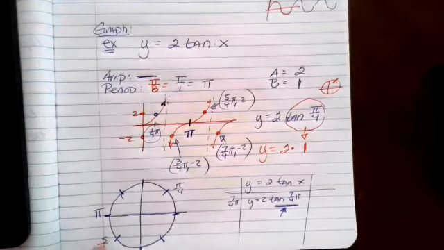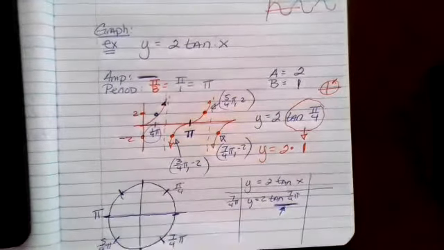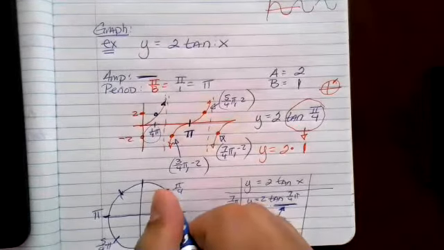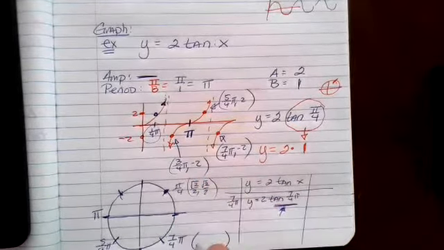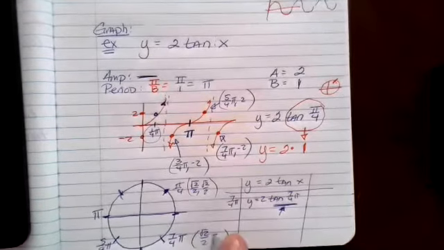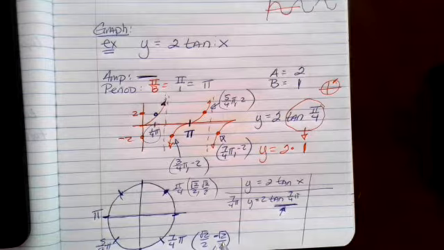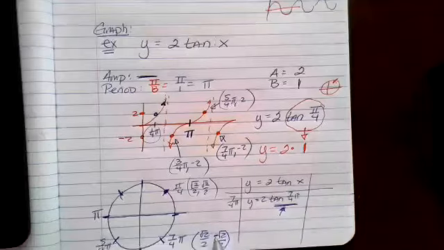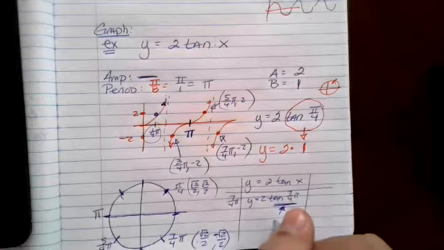This is 5/4 pi, 6/4 pi. This is 7/4 pi. And what would the coordinates be of 7/4 pi? Well, it would be the same as these, right? This is rad 2 over 2. Reflected down here would be rad 2 over 2, negative rad 2 over 2. And tan is my y value over my x value, which would equal 1, but 1 is negative and 1 is positive. So this value would be negative 1.